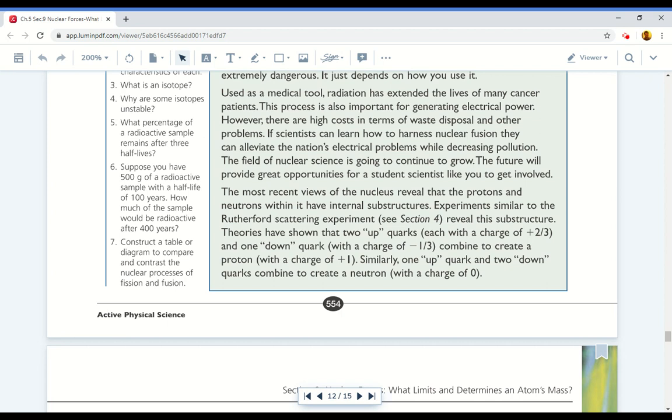Theories have shown that two up quarks, each with a charge of positive 2/3, and one down quark with a charge of negative 1/3, combine to create a proton with a charge of positive 1. Similarly, one up quark and two down quarks combine to create a neutron with a charge of 0.